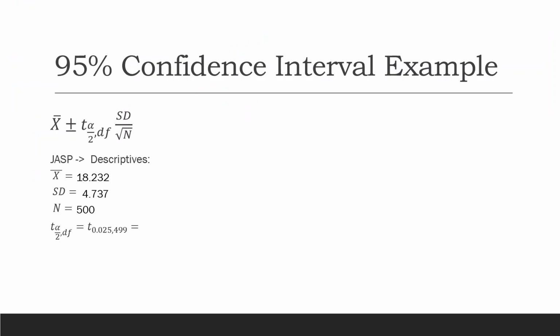Now my goal, since I'm constructing a 95% confidence interval, remember this alpha over 2, that comes from looking at the fact that I'm doing a 95%. So my alpha is 1 minus that percentage, which will be 0.05, which is like your significance level from a hypothesis test, right?